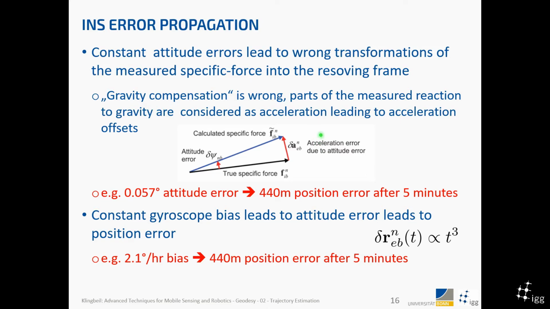So that means that the quality of the gyroscope is actually more important than the quality of the accelerometer, because a low quality gyro leads to a very unstable and inaccurate attitude, and this leads to an accelerometer bias because of the wrong gravity compensation, because of assuming a wrong orientation, and then this goes with time very fast. So a bias of 2.1 degree per hour leads to 450 meter position error after 5 minutes.